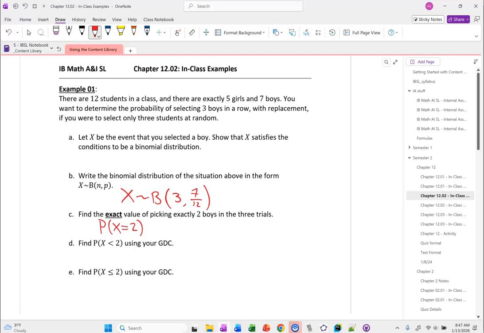So this is me checking to see that you can plug things into the formula, right? So the formula is n choose r, p to the r times q to the n minus r.